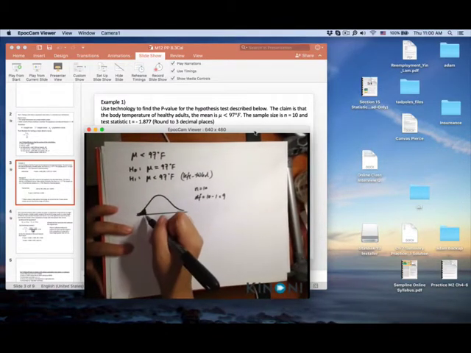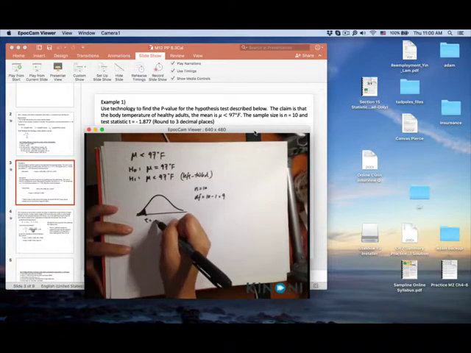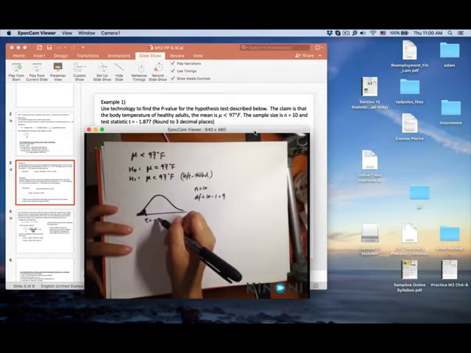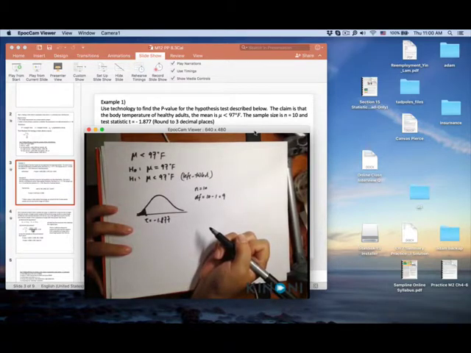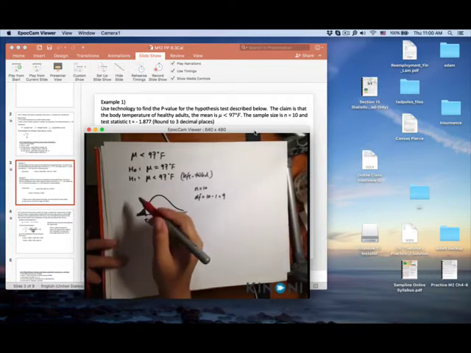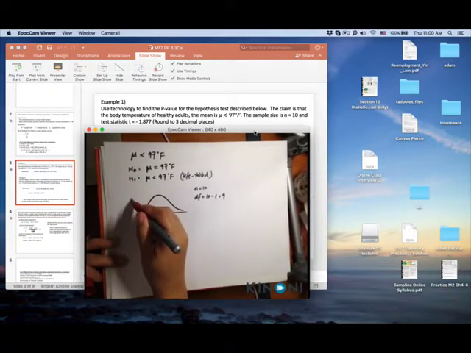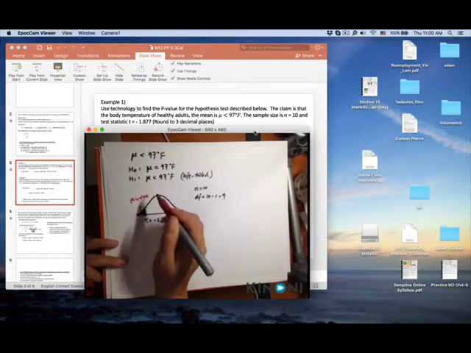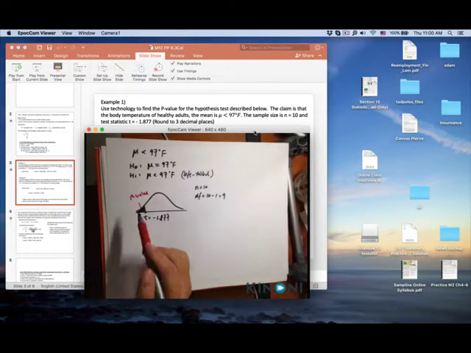My test statistic is at this point, t equal to -1.877. So where is my p-value? My p-value is here. The p-value is the probability in the left tail.